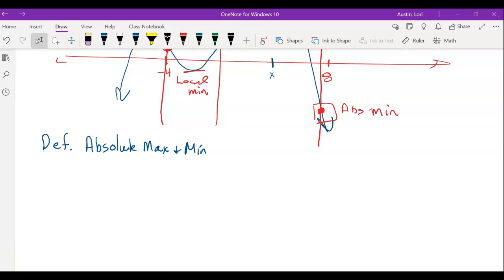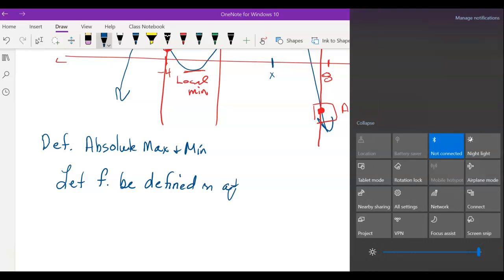All right, so we're going to let f, which is our function, let f be defined on a set D. Whoa, I don't know what happened there. Oh, let me do this real quick.